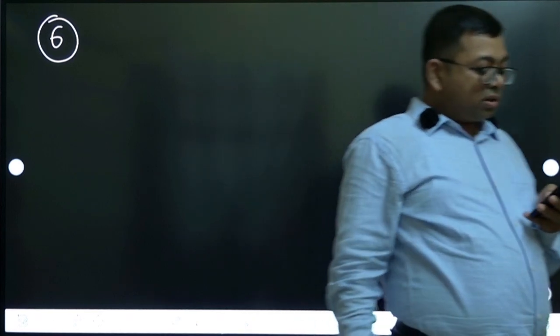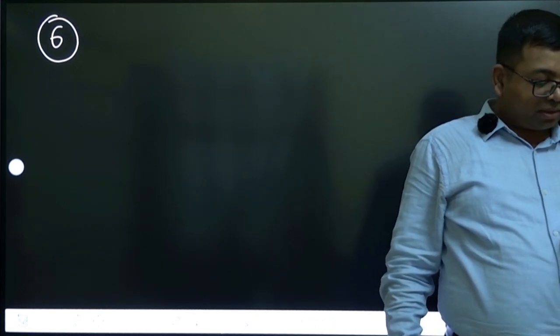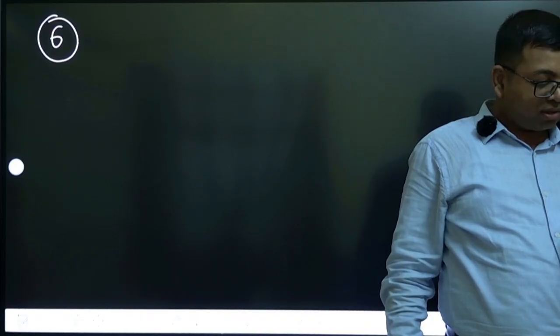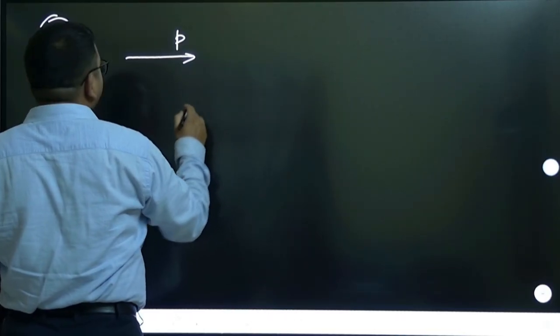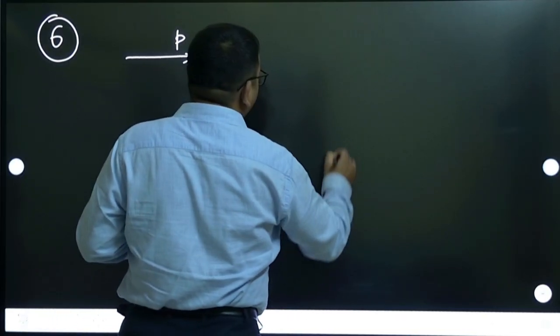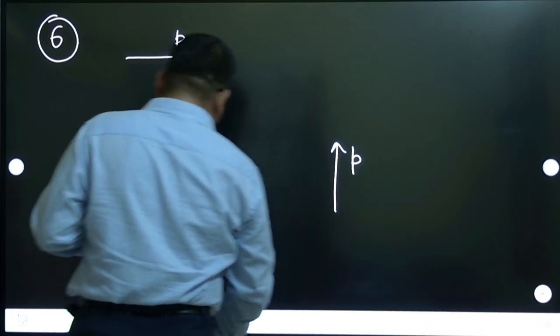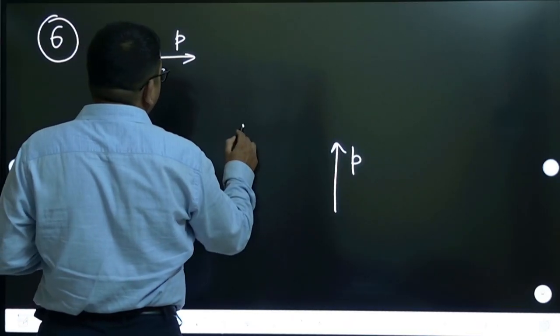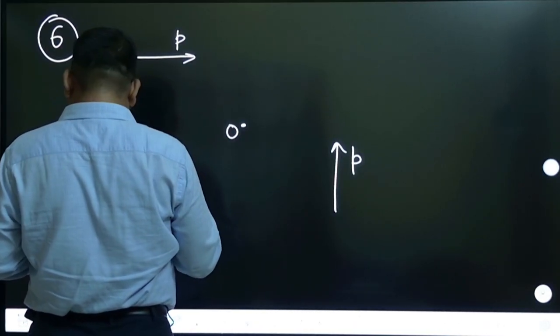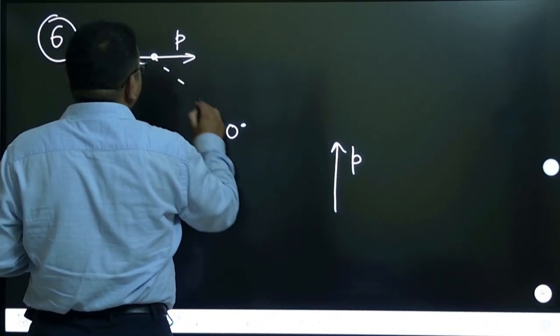Four short electric dipoles of moment P are shown at the corners of a square. What is the ratio of the magnitude of field at point O and point A? See, these types of things we discussed also. Electric dipole moment is P here, and this dipole moment is P. This is point O, and this is the midpoint.